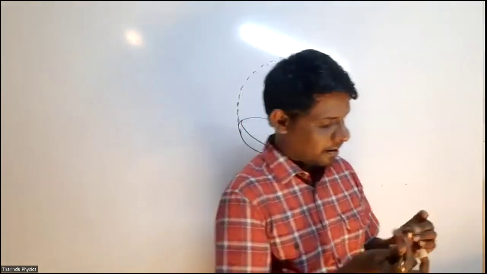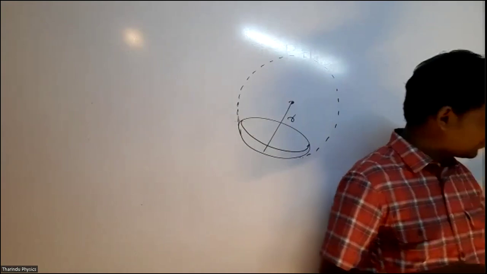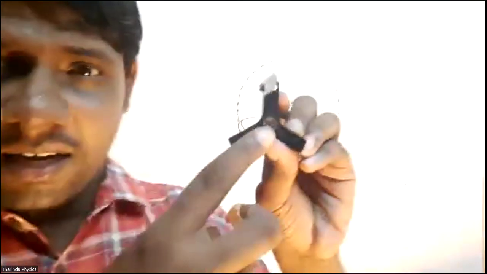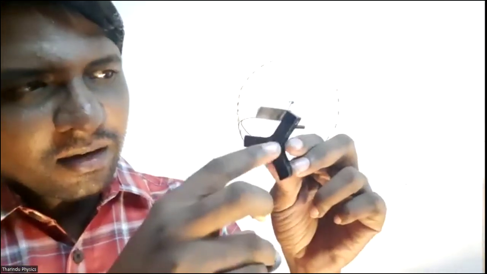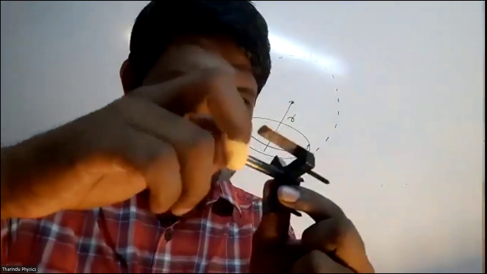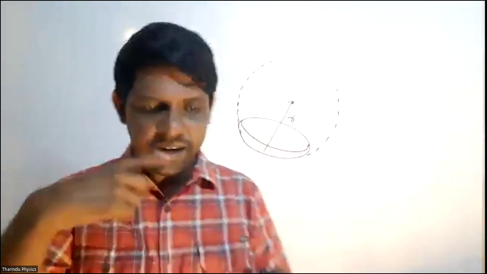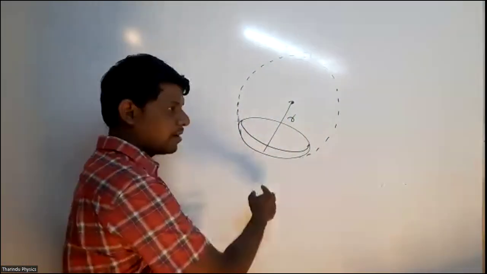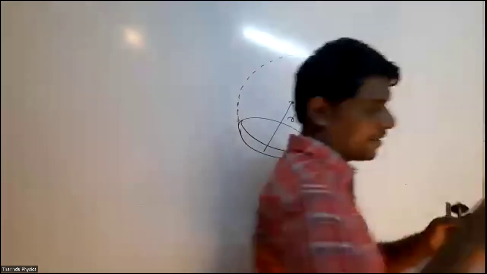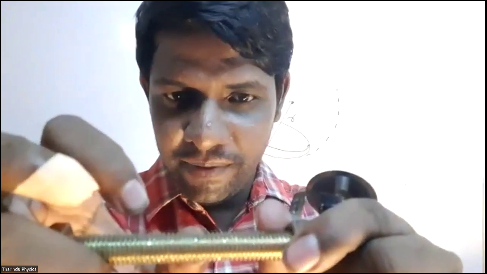Let me show you one more thing. This part is as if a screw nut. So I can put this in and happily rotate it through, and it will run through this one. So each complete revolution, it will go the distance of one thread, the difference of two threads.